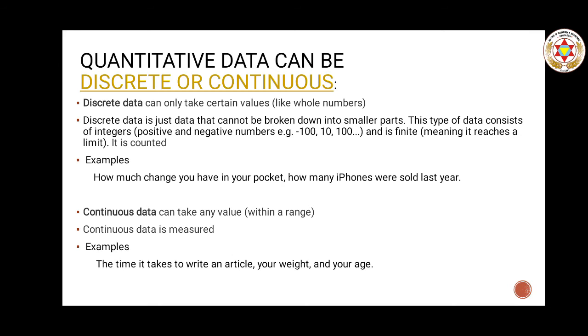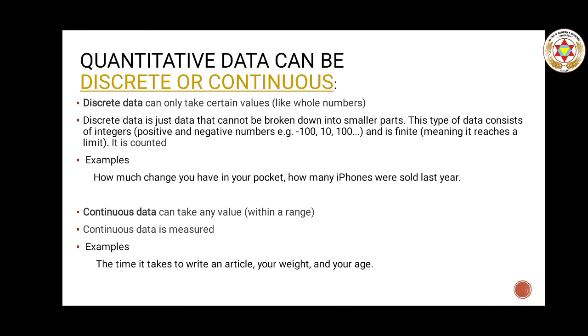That means it reaches a limit and it is counted. For example, how much change do you have in your pocket? There's a certain number. Similarly, how many iPhones were sold last year will give us information regarding a certain number. So this is discrete data.